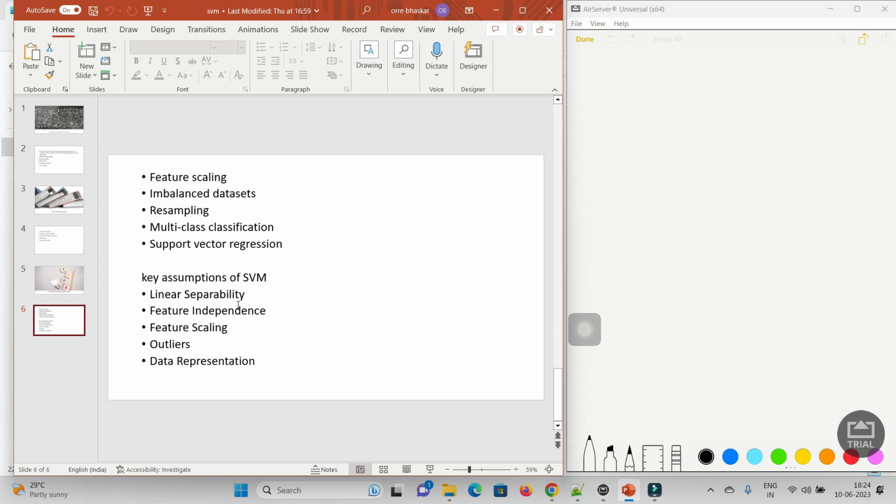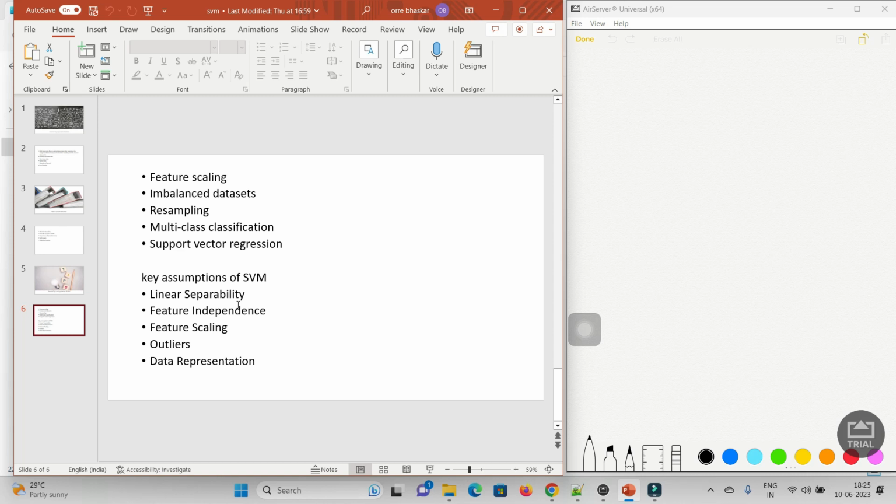Now let's talk about exciting real-world applications of SVM. It's remarkable to see how SVM has made significant contributions in various domains, from image recognition to text classification, bioinformatics to financial market analysis. SVM has proved its mettle time and time again.